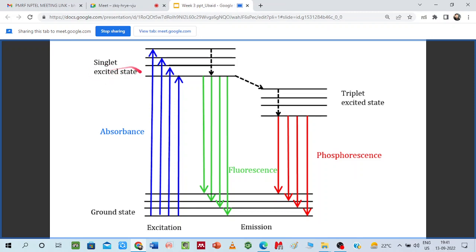After absorption of the light, as this excited state is the unstable state, they emit light of a different wavelength, and usually this wavelength is higher than the wavelength by which they are excited. They have absorbed some energy.